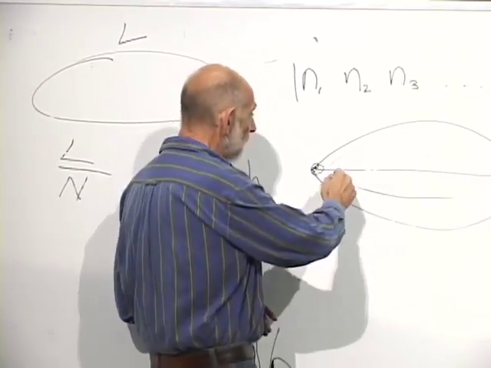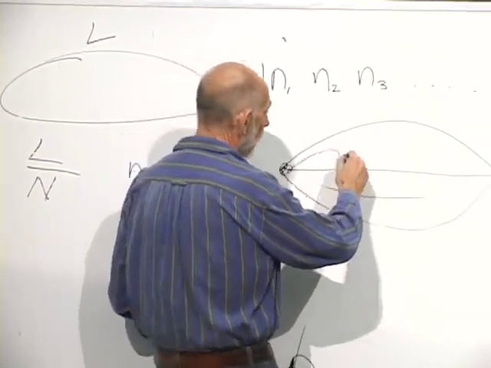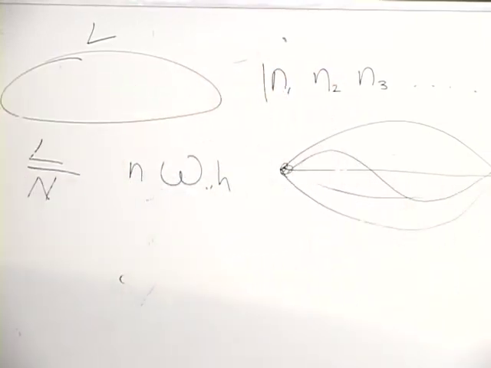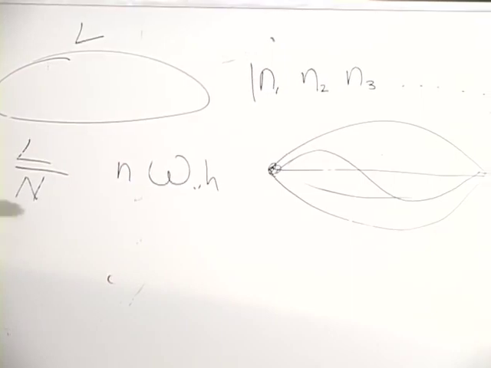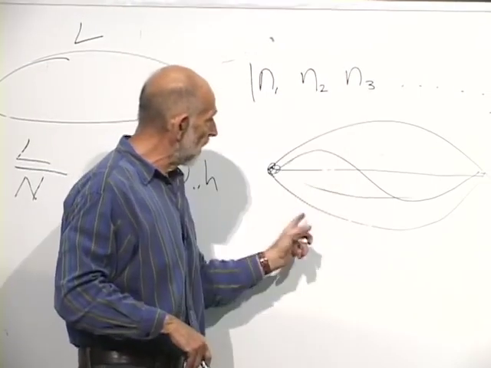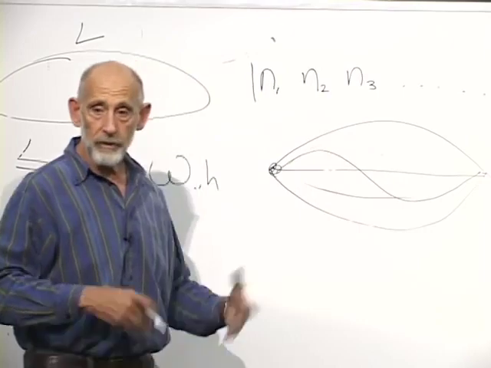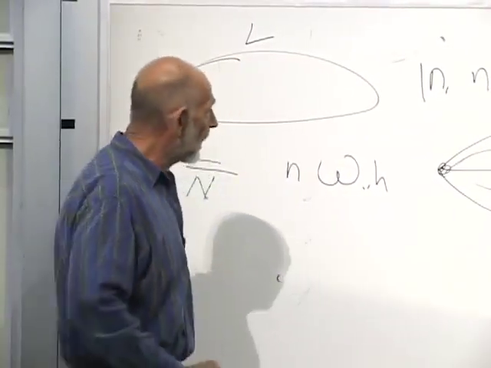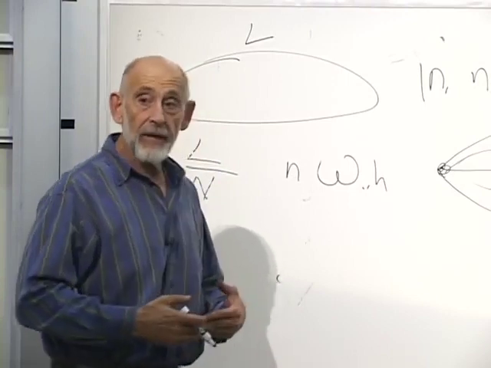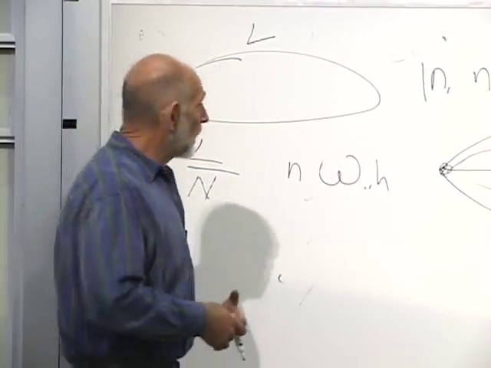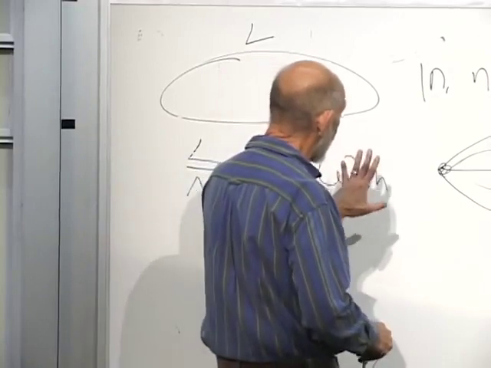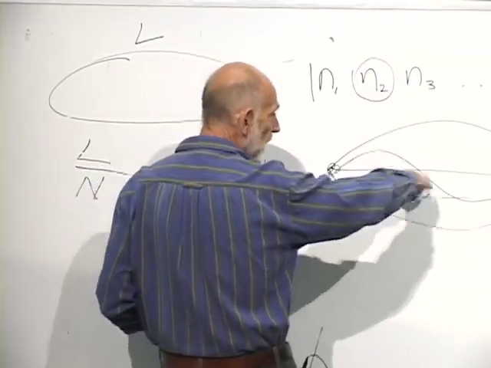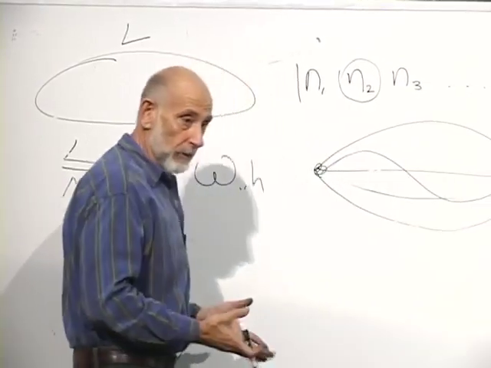Then we could add additional energy in the form of the first harmonic. If this oscillation corresponded to middle C, this oscillation would be what? C 1 octave above middle C or whatever. Add some energy in that. That has twice the frequency, so we would be adding a number of quanta with the second frequency.